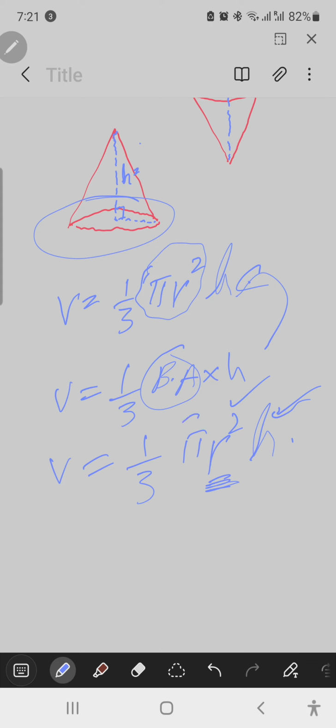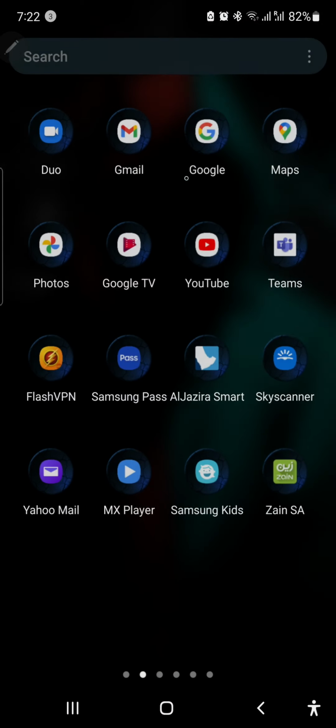Secondly, for this one is the pi. The calculator will calculate this pi by itself. You just press shift in the calculator, and then press the 3 button, which is at the bottom of the calculator. Let me show you.